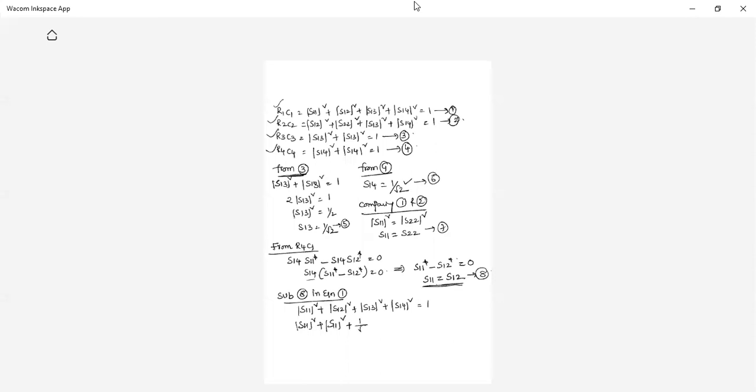We got 1 by root 2, whole square modulus. So 1 by root 2 square is equal to 1. We can write it as 2S11 square plus 1 by 2 plus 1 by 2 is equal to 1. So this is 1, and 1 minus 1 is equal to 0. So S11 square is equal to 0 you are going to get. So S11 is equal to 0.